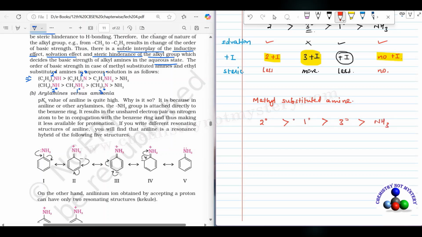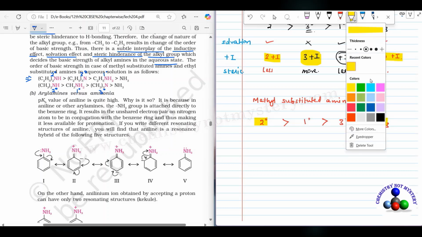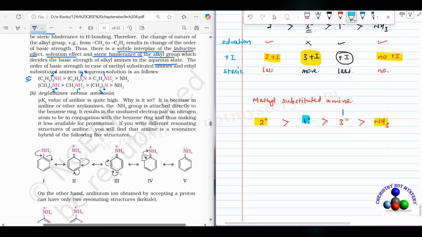So that is the order of basic strength in the case of methyl substituted and in the case of ethyl substituted amines. In both cases, secondary amine is the most basic among them and ammonia is least basic among them. There is a change in the order of primary amine and tertiary amine.